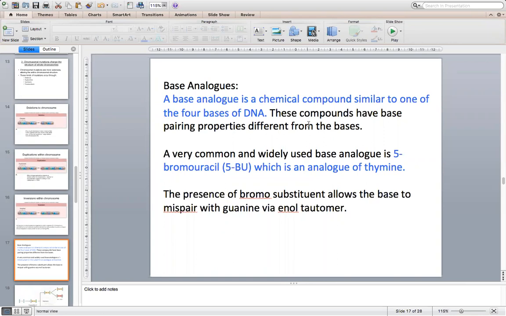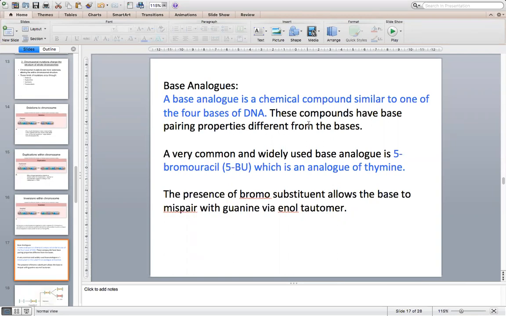So automatically we all know that adenine will pair with thymine, cytosine will pair with guanine. This may differ if one base analog is incorporated into the growing DNA chain. A very common base analog is 5-bromouracil.